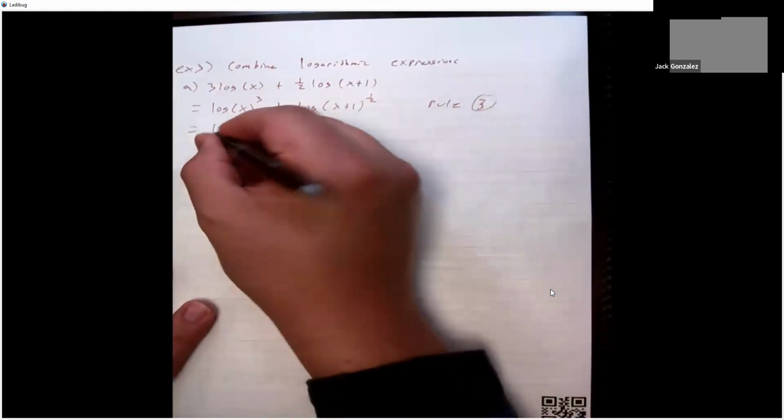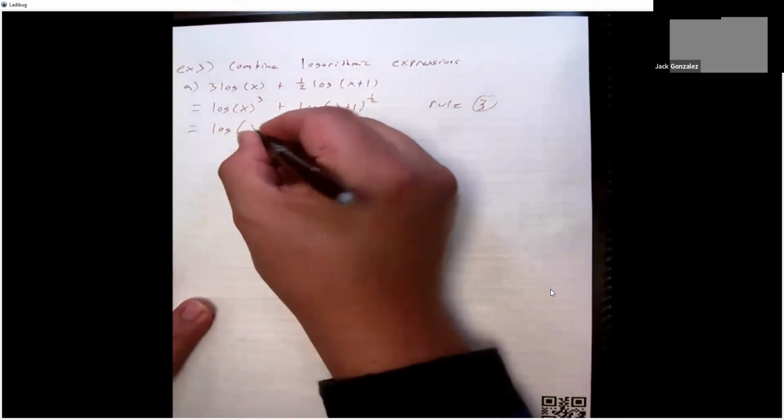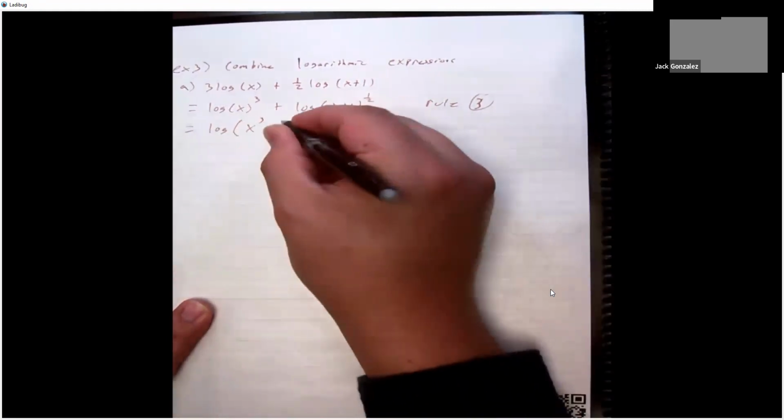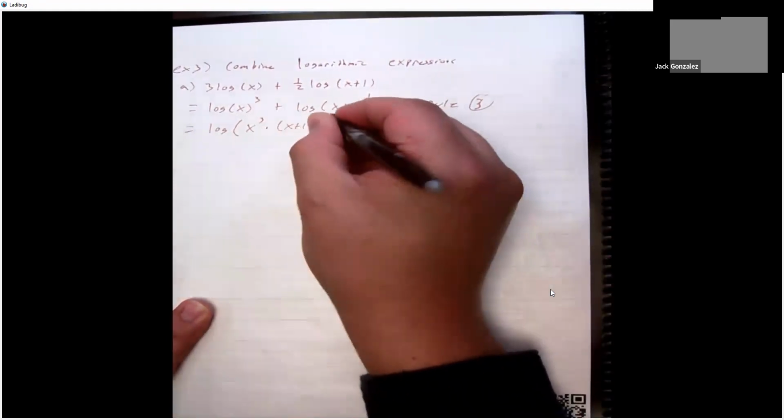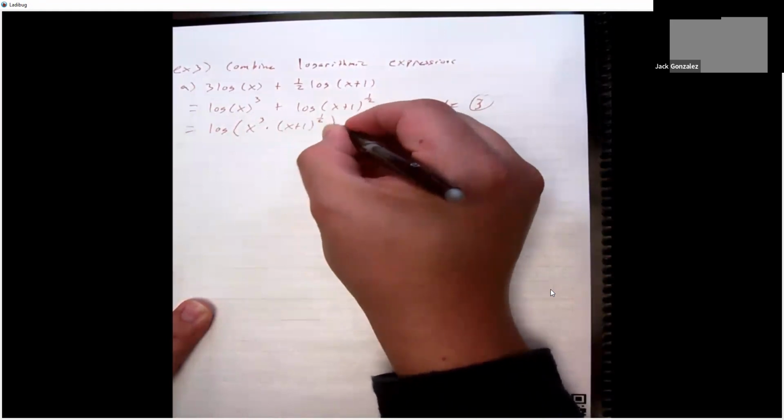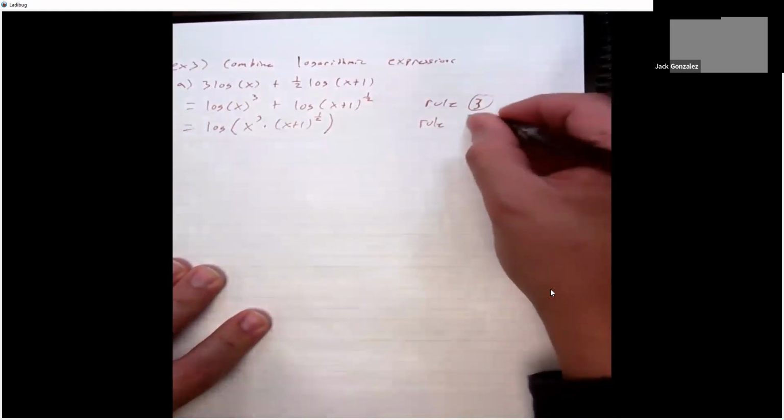Now we use rule 1. So this will become x cubed times (x plus 1) to the 1/2. You can change it to a square root if you want to, but that's also fine. Same thing, right?